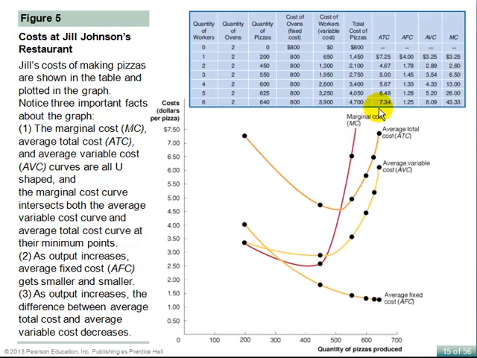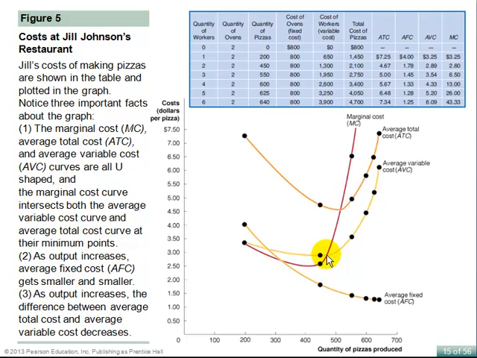Average total cost is this one, and average variable cost is this one. The curves are all U-shaped, and the marginal cost curve intersects the average variable cost and the average total cost at their minimum points.